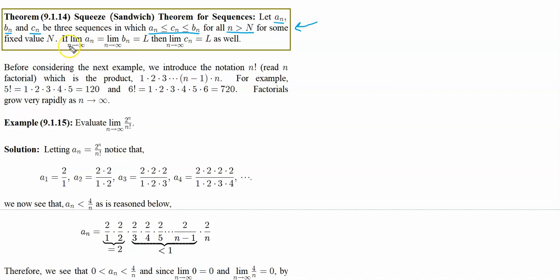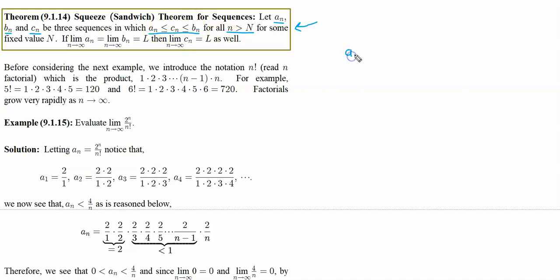Then we have this result. If the limit as n goes to infinity of the a_n's is equal to L, and the limit as n goes to infinity of the b_n's is equal to L, so both converge to L, then of course the c_n's must converge to L as well. That makes sense because the c_n's are sandwiched or squeezed in between the a_n's and the b_n's, right?